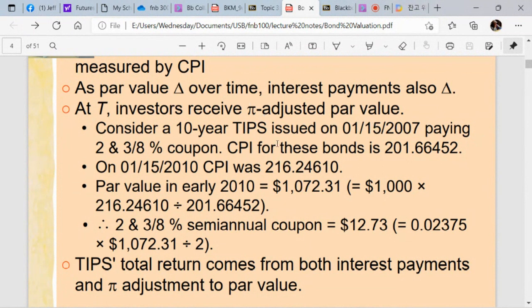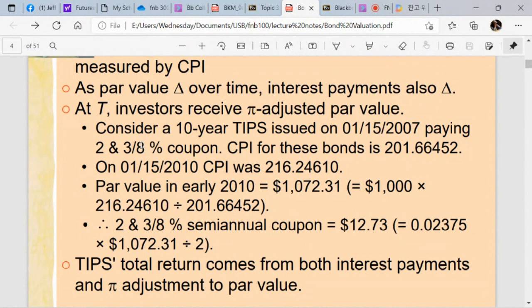So consider a 10-year TIPS issued in January 2007, paying a 2 and 3/8% coupon. You understand 3/8, this peculiar quotation, right?